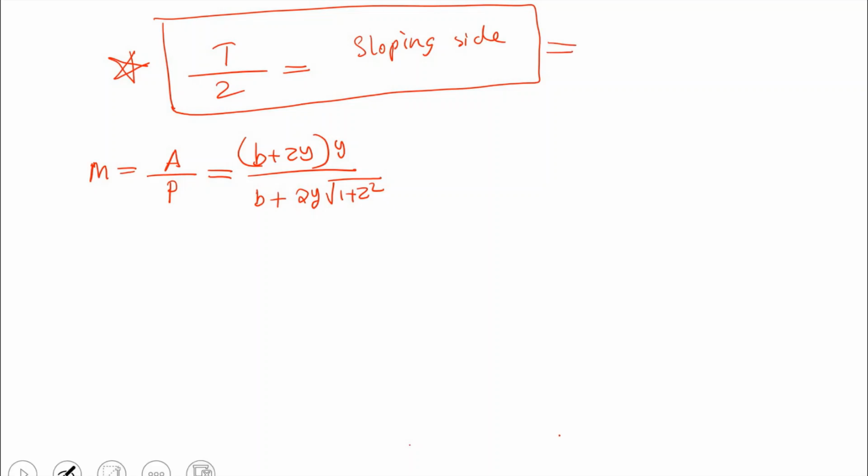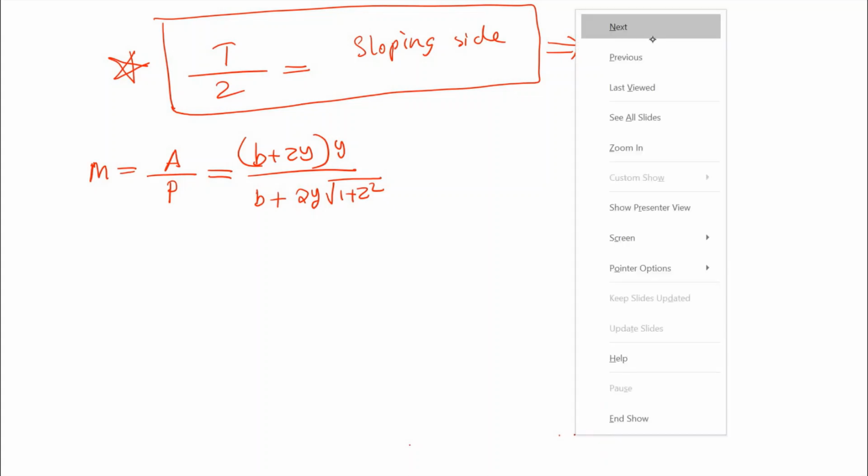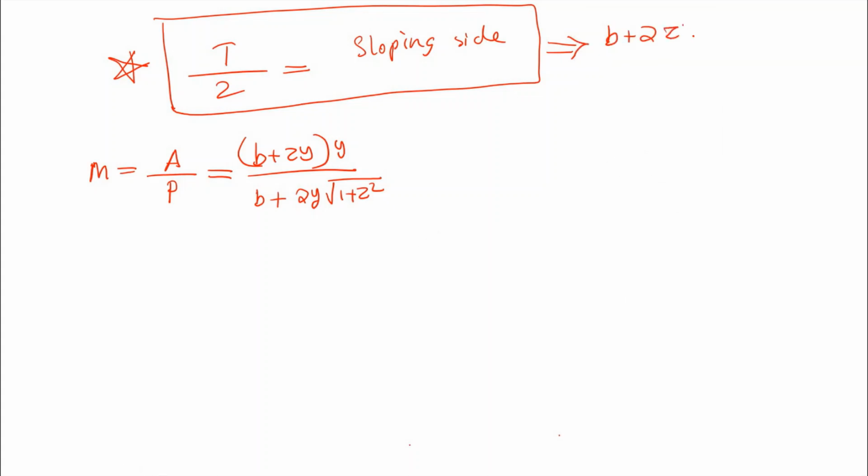From this, we know that b plus 2zy divided by 2 is equal to y into the root of 1 plus z square. I can also write b plus 2zy is equal to 2y into the root of 1 plus z square.